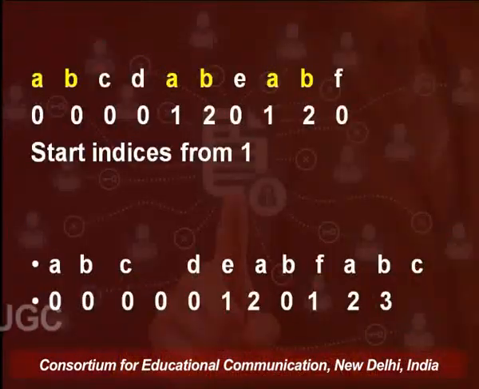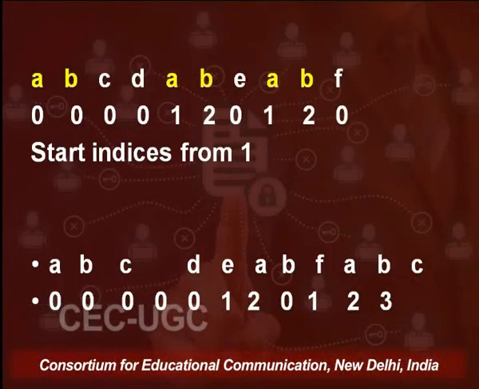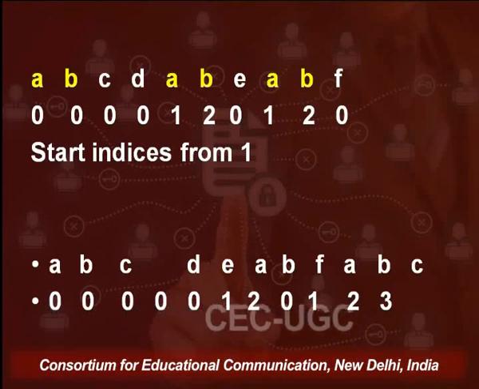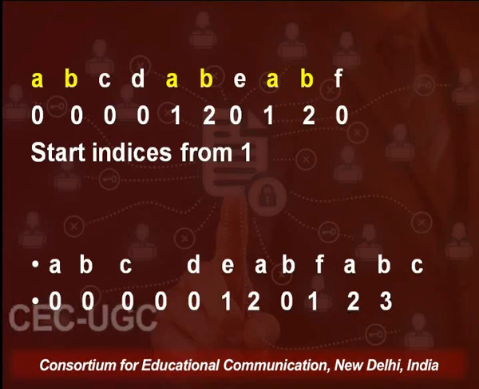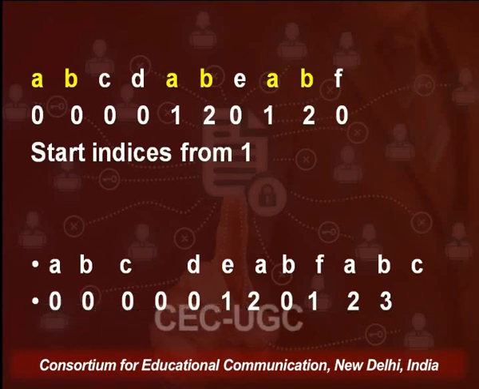So, how will this LPS table be formed? In order to form this LPS table, the first thing we will take care of is that we will start the indices from 0, and I will tell you how.